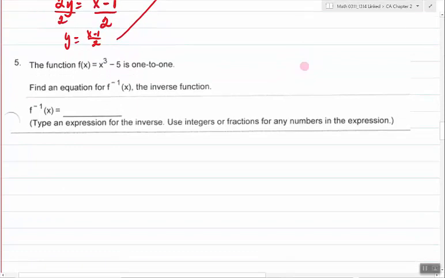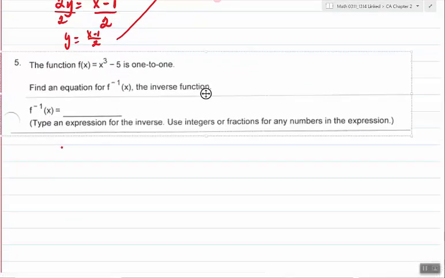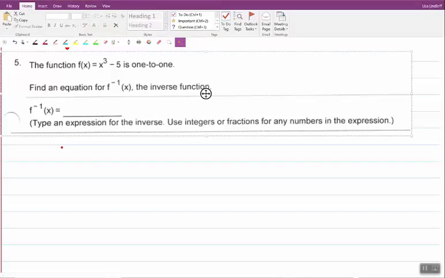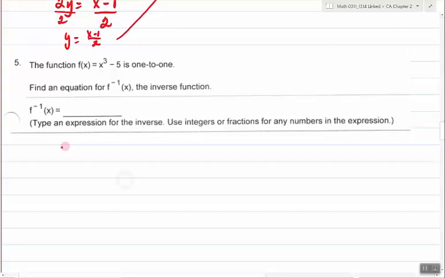All right, number 5. Go back to black ink. I have f of x is x to the third minus 5. So I will call it y is equal to x to the third minus 5.